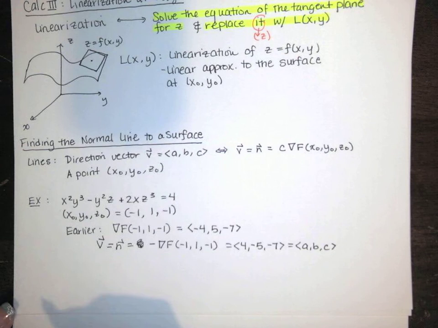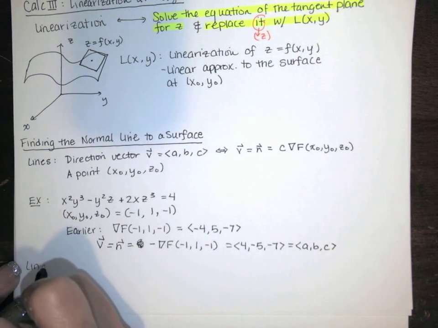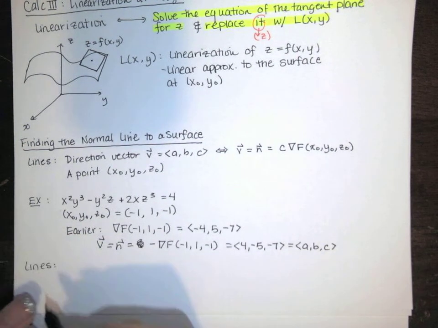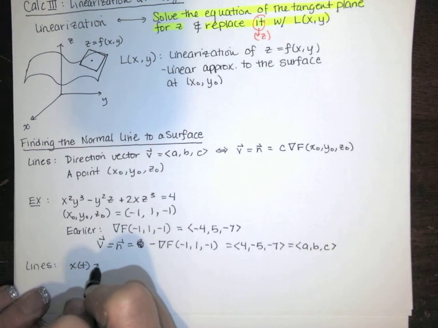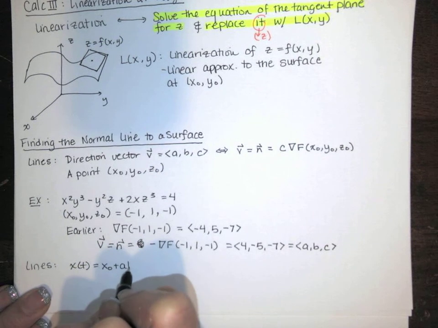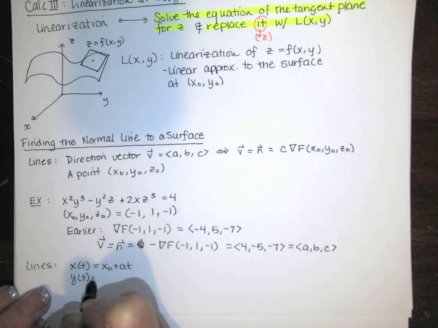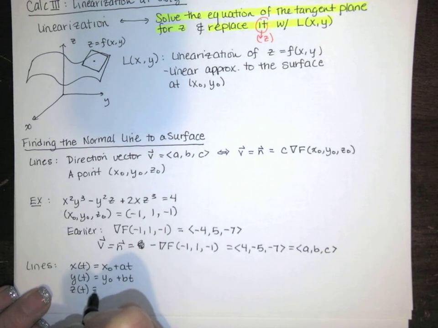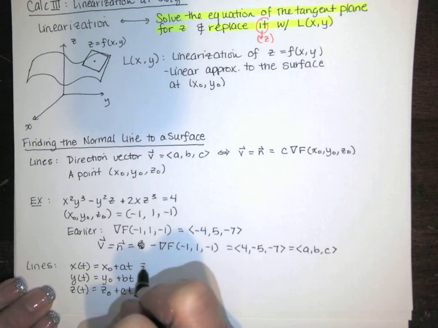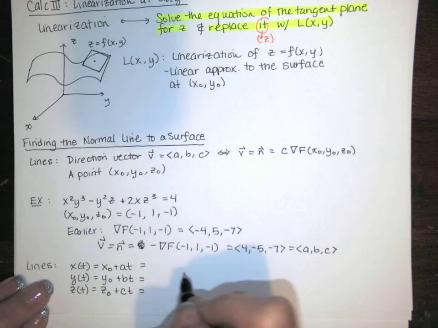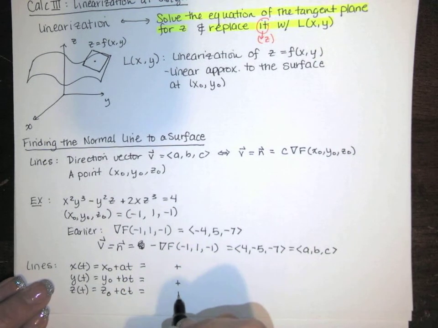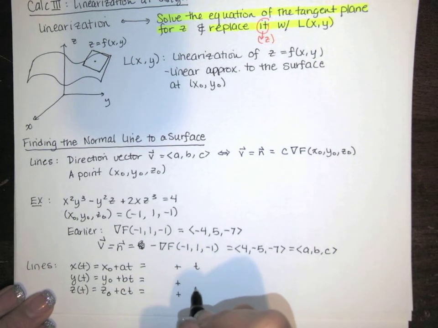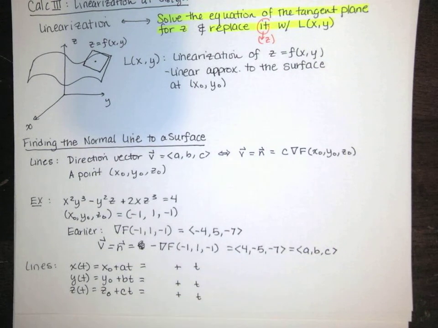Now remember what we did with lines. We have parametric equations. X of t is x naught plus at. Y of t is y naught plus bt. And z of t is z naught plus ct. And all we do is we substitute the a, b, and c, the x naught, y naught, and z naught. And that's it. Those are the parametric equations of the line.